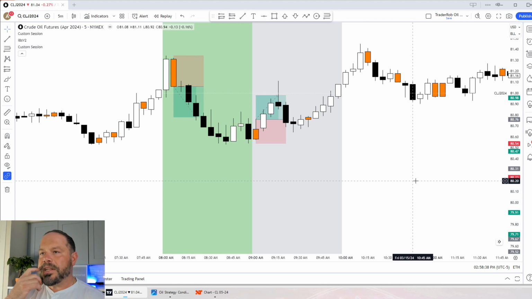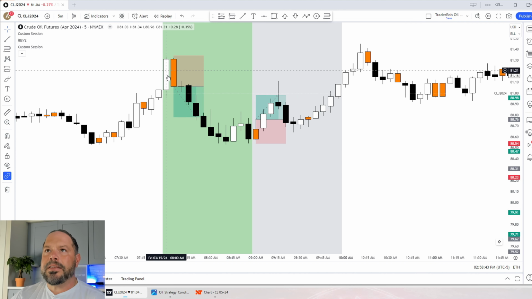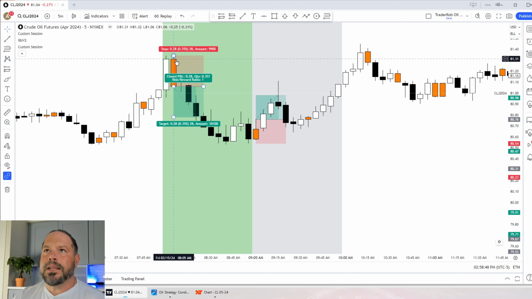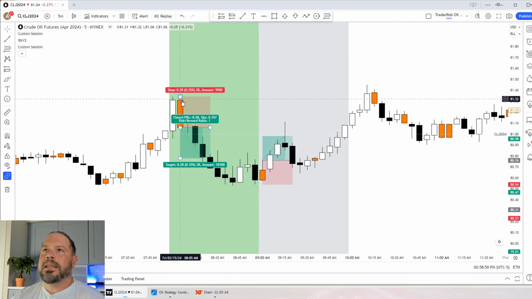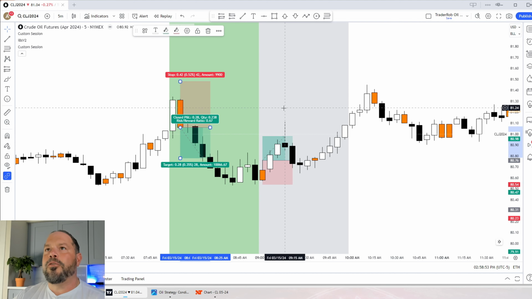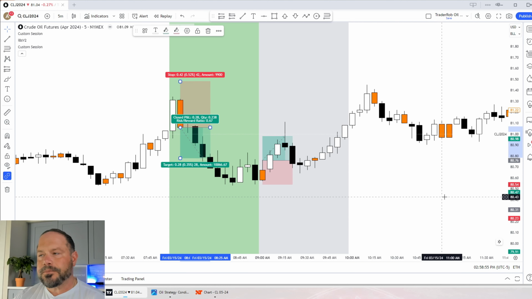Now, the only variation that you're going to see on a take profit or on a stop loss is, let's just say that this source bar here was super high. Okay, it was much higher than what it is. And this is going to make you then bring your stop loss to, let's say, 42 ticks. Okay? Well, in my rules and my conditions, anything that is 40 ticks and higher, I automatically reduce my stop loss to 35 ticks of take profit, 35 ticks of stop loss.